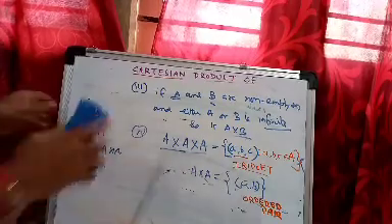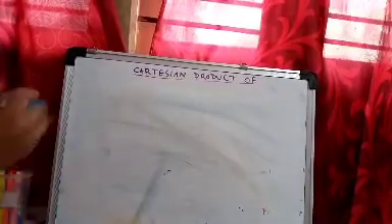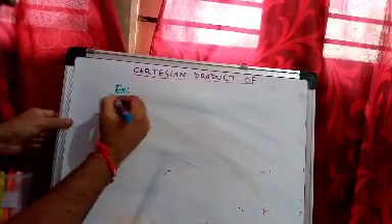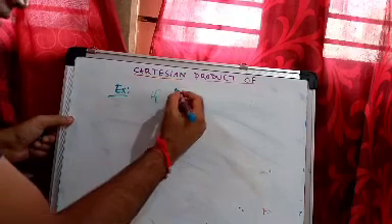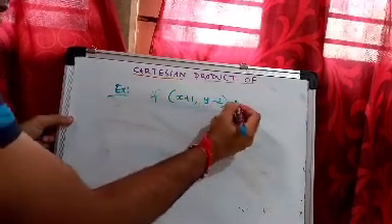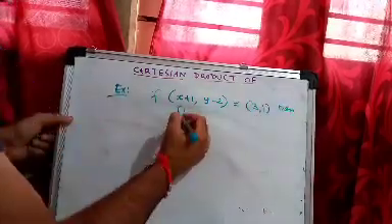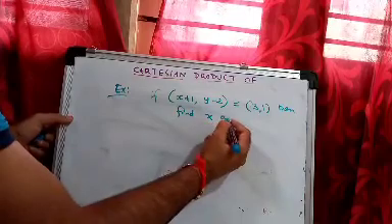Now I will give you one question. We'll solve one question, then we'll close this chapter. Suppose the problem is: if (x plus 1, y minus 2) equals (3, 1), then find x and y. Very simple question.